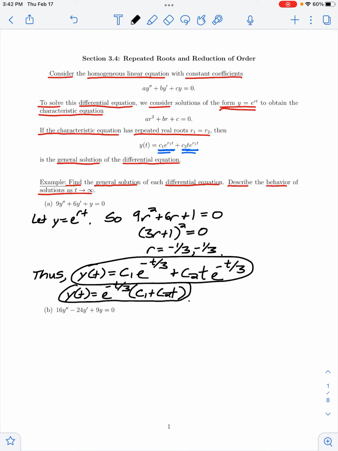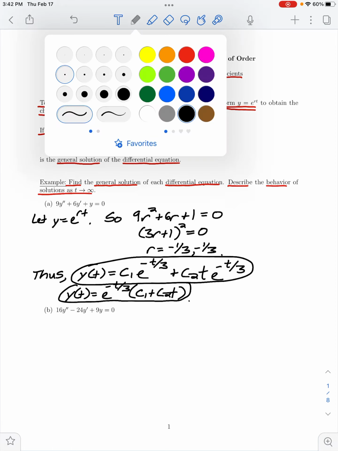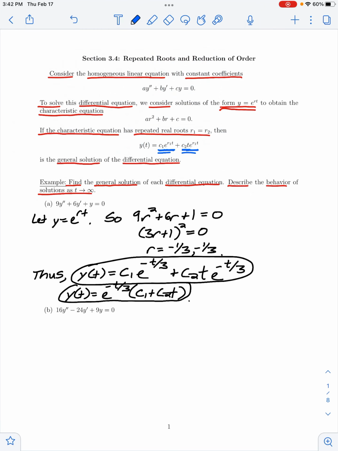And then we're asked, how do the solutions behave as t approaches infinity? Here we see that our two roots, really a single repeated root, r was negative 1/3. So we have this exponential decay term for both factors.